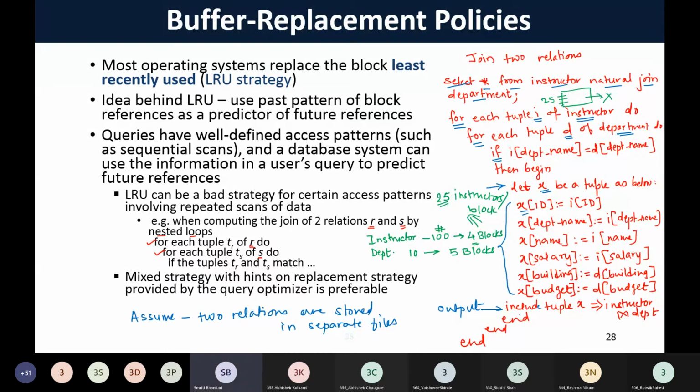So based on only the past patterns, the operating system decides which block to replace. So accordingly, whichever is the block that is least recently used, that is being replaced by operating system. But that is not the case with database management system.